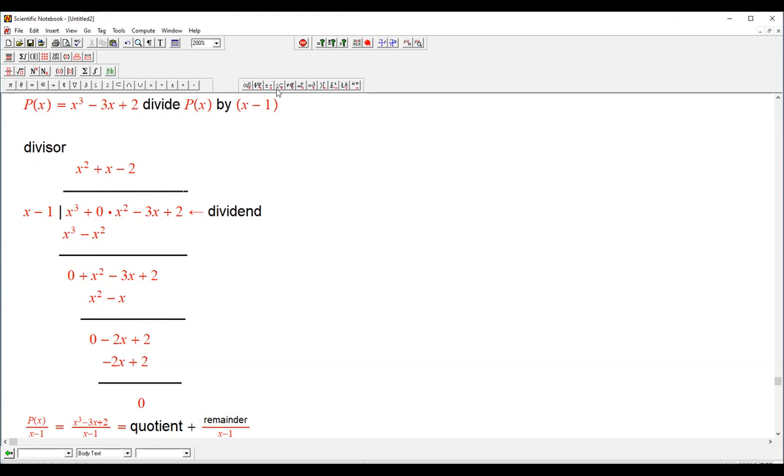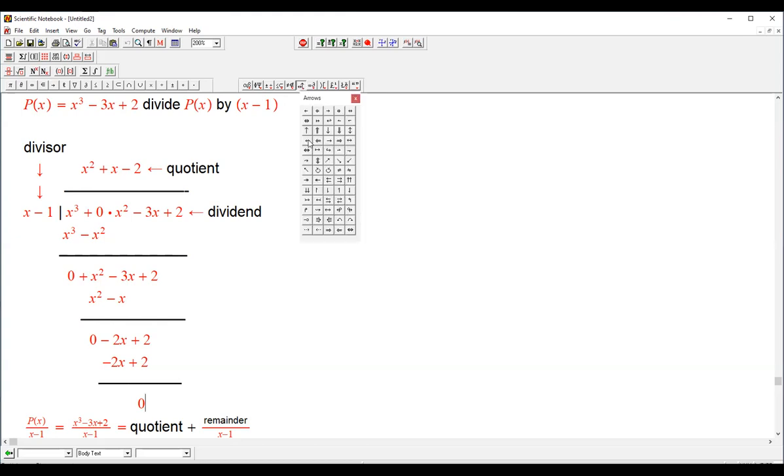So x minus 1 is the divisor. And this piece is called the quotient. You need to learn how to compose these. So this piece is called quotient, divisor, dividend. And the last one we got here is called the remainder.